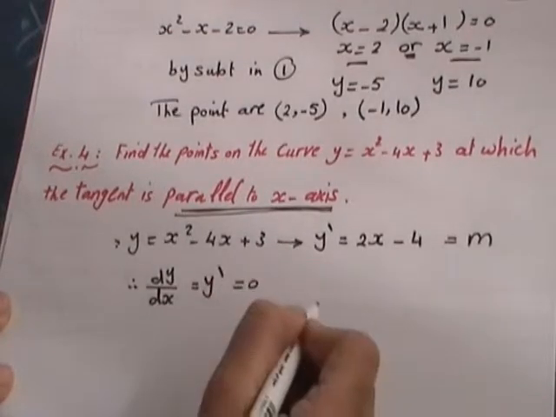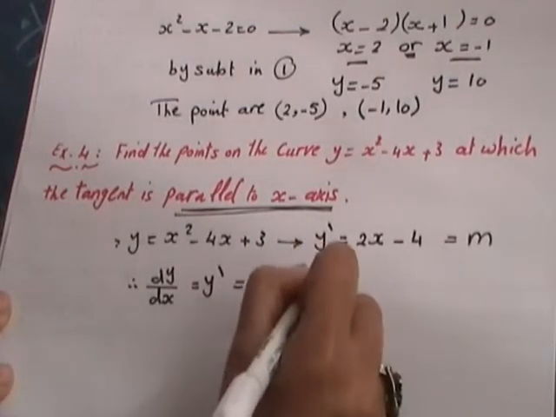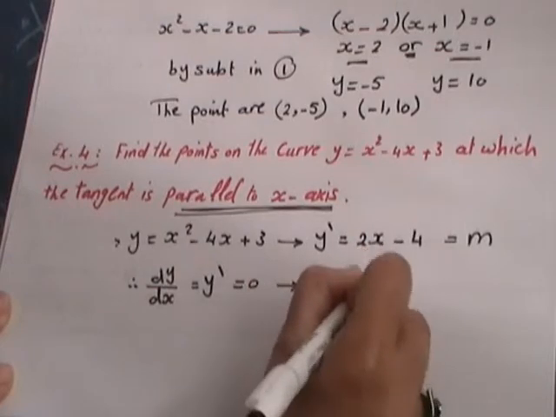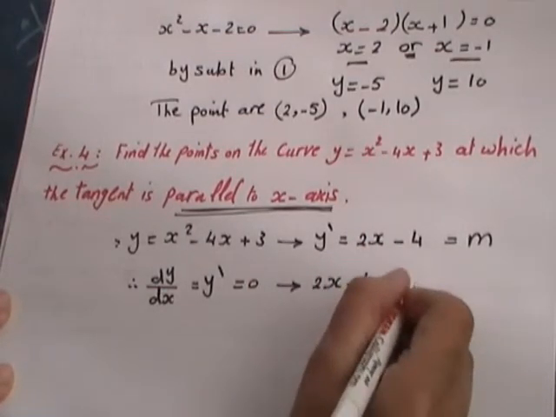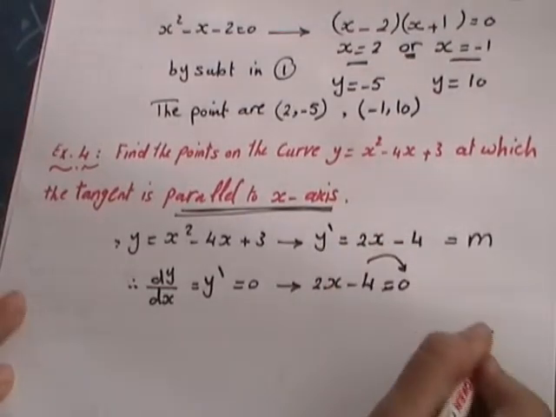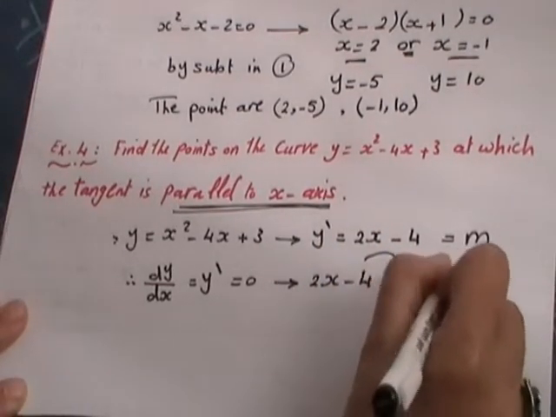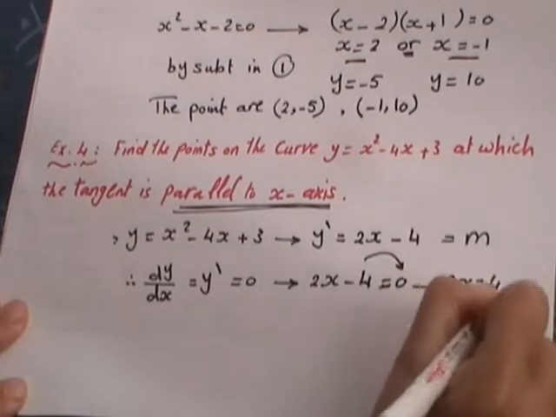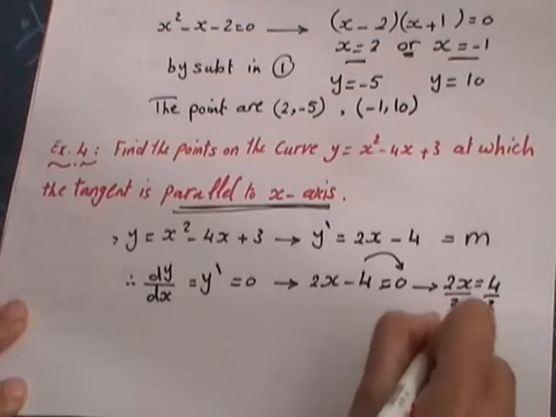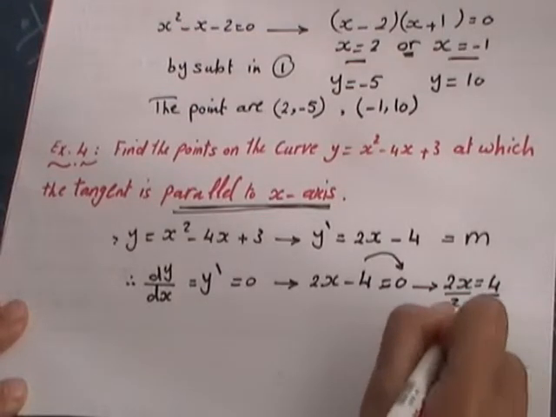So I put this equation equal to 0 to find the value of x. So 2x minus 4 equals 0. How to solve this equation? This is a first degree equation. We put the 4 on the other side, so 2x will be 4. And dividing both sides by 2, x equals 2.